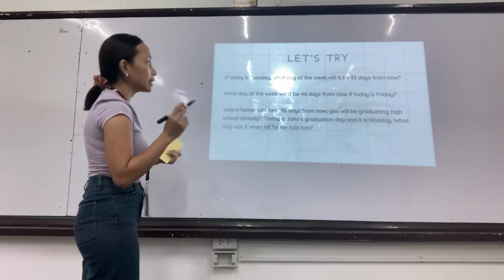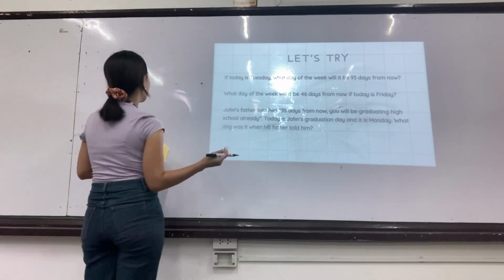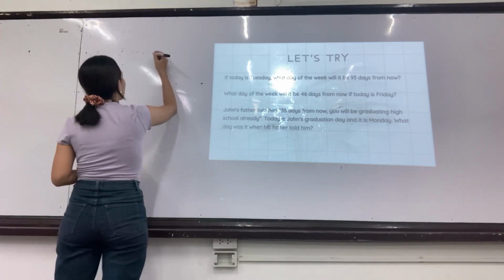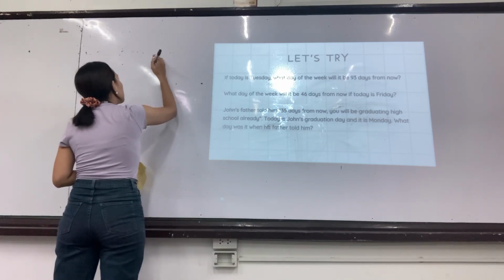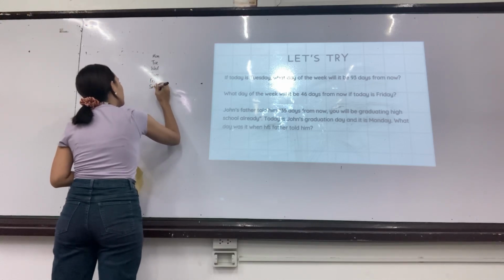So since we are dealing with the days of the week, let us assign a number for the following days of the week. So we have Monday, Tuesday, Wednesday, Thursday, Friday, Saturday, and then Sunday.